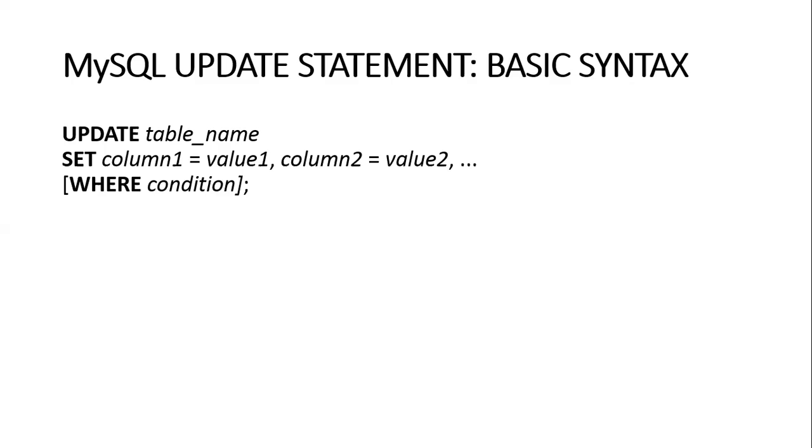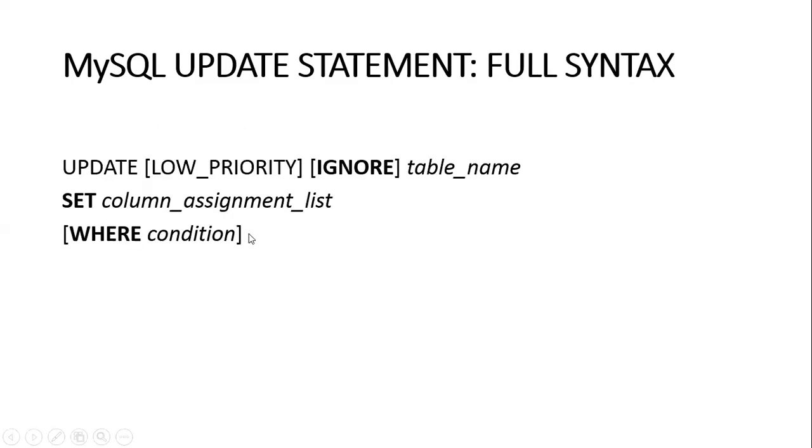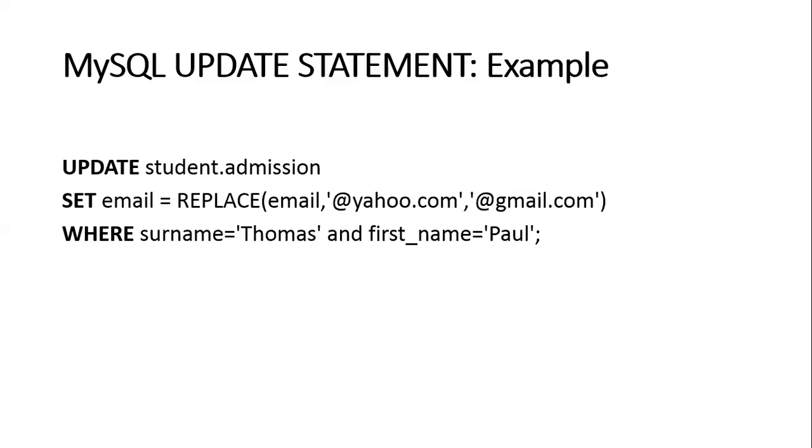Update table name, set column name equals the value of the column, the name of the second column equals value, and so on. So you can update one or more columns at the same time, where condition. Now this is the more detailed, the full syntax, which I said we'll visit later.